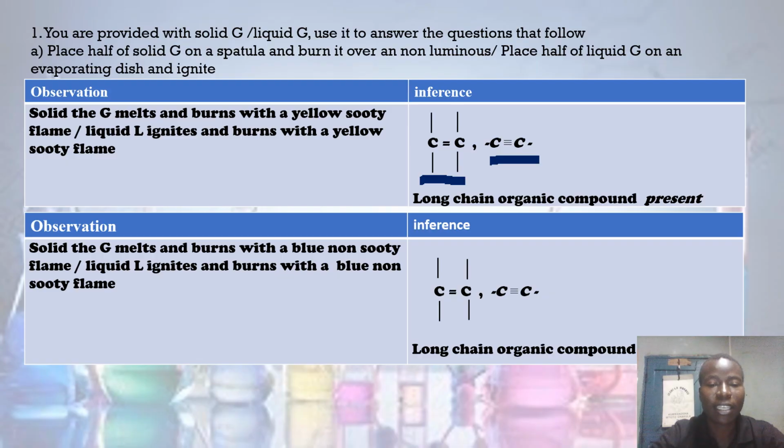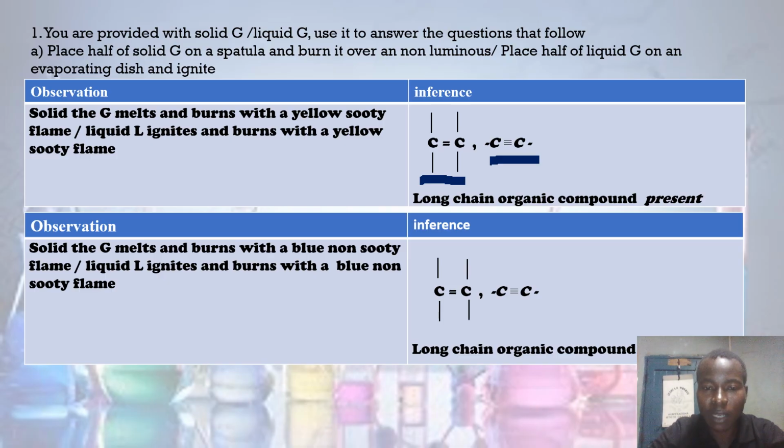But in case you hit that particular given solid and you find out that it is melting and burning with the blue flame, in this context, the learner is supposed to make the observation by telling the examiner that I have seen that the solid melted and burnt with a blue non-sooty flame.